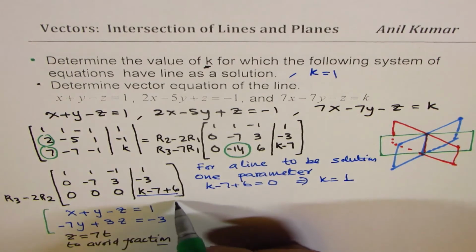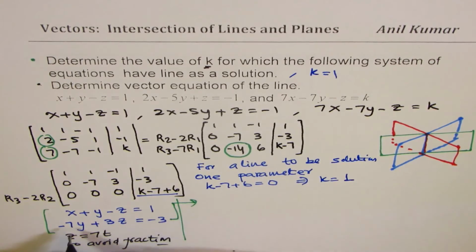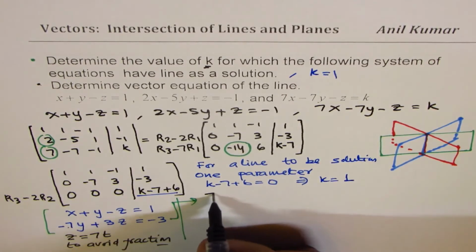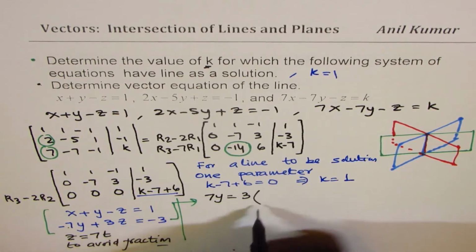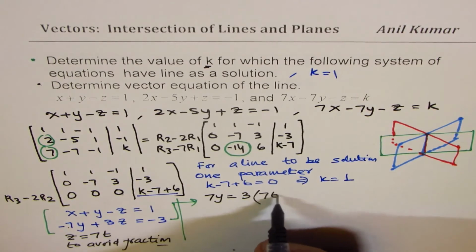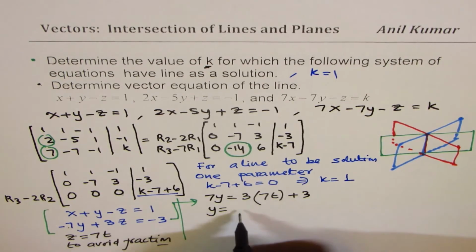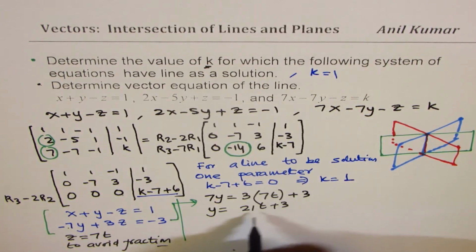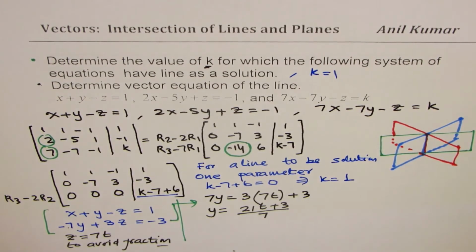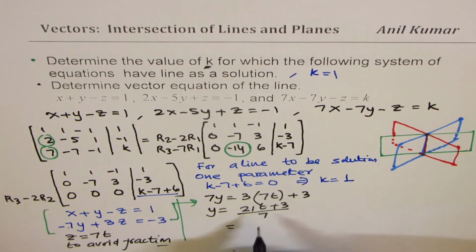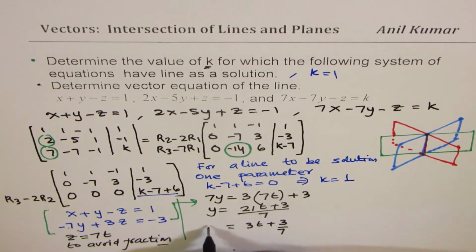In that case, in this equation, I get 7y equals, taking it to the other side, 3 times z, which is 7t, plus 3. So y equals 21t plus 3 divided by 7, which is 3t plus 3 over 7. That is the value of y.